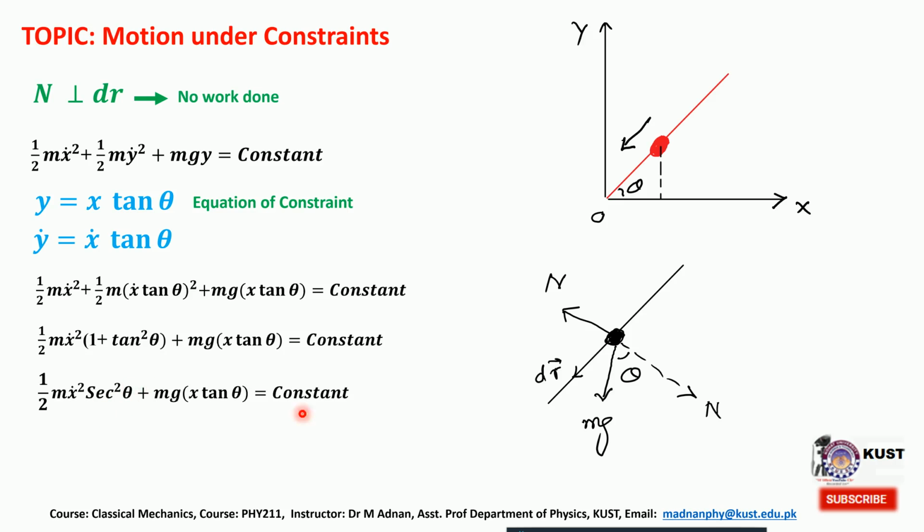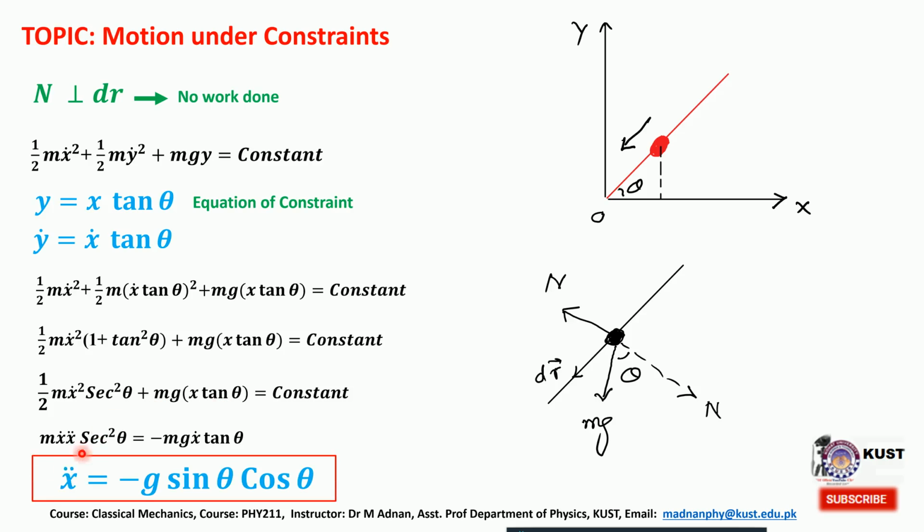Now if we differentiate this equation with respect to time, the derivative of the constant will be 0, and we will be left with these two terms. If we solve for x double dot, x dot will cancel out, m will cancel out, and we are left with the same expression that we derived on the previous slide through Newtonian mechanics.